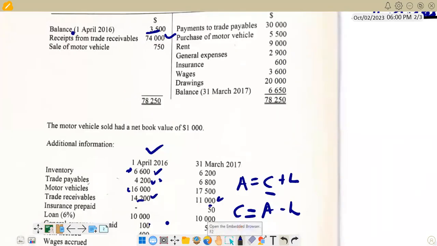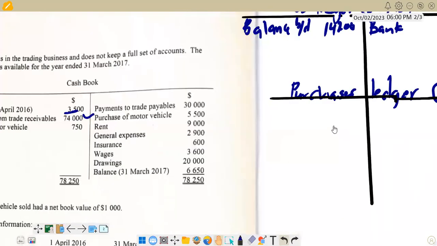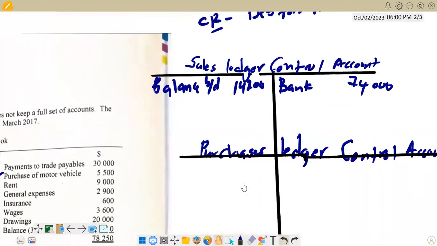So this is the balance CD at the end of the year. Since we have BD on the debit, it means CD comes on the credit side. So here we've got balance CD, and that balance CD is 11,000.